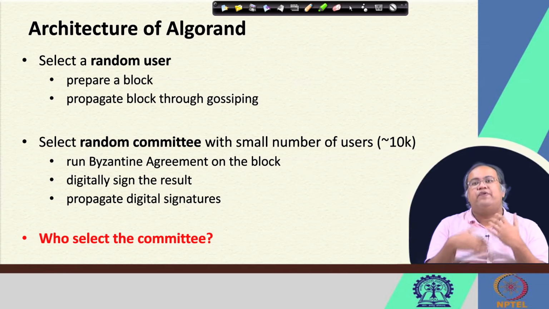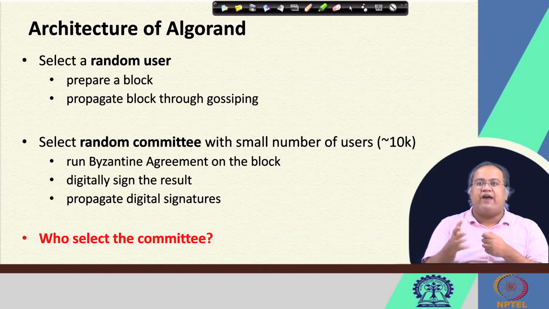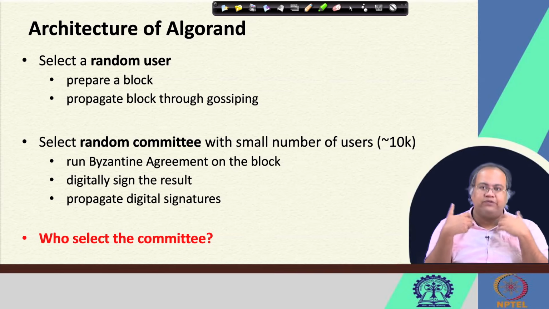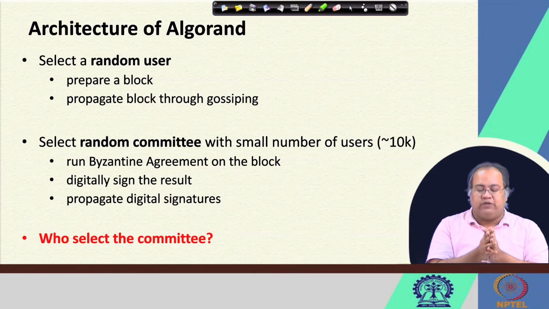Even if you are getting selected, you are proposing a new block, but that new block is getting validated by a random committee, and it will be difficult for you to collude majority of the participants of that committee. Unless you are able to collude majority of the participants of that committee, it is not going to support your block.